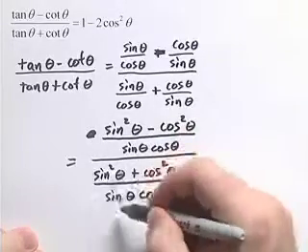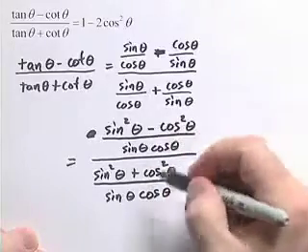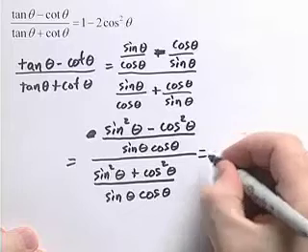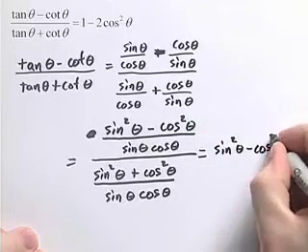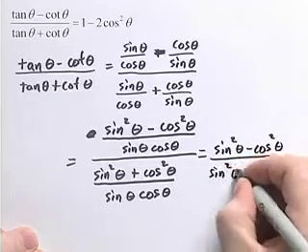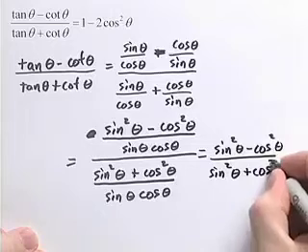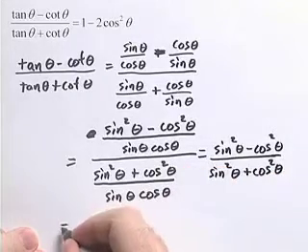So if we were to invert our fraction in this denominator, multiply it times our numerator, those would cancel. What we would get is sine squared theta minus cosine squared theta divided by sine squared theta plus cosine squared theta. So those denominators will cancel.